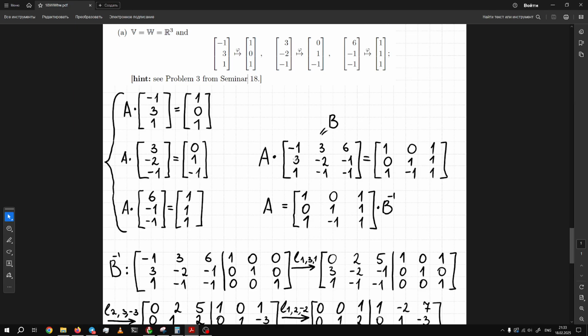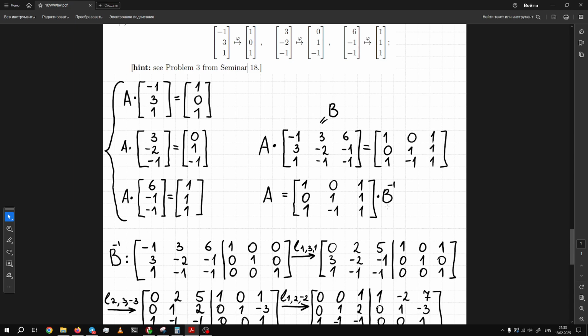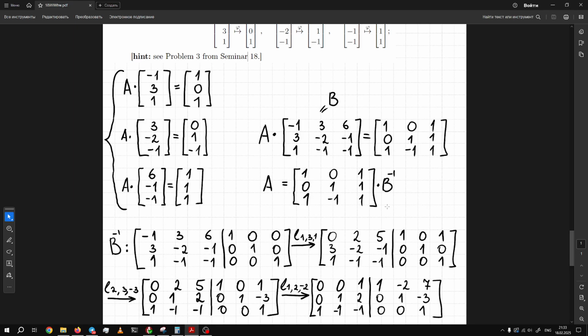So we can call this matrix of input vectors B, and then say how to find A: A is equal to this matrix multiplied by the inverse of B, B to the power of -1.